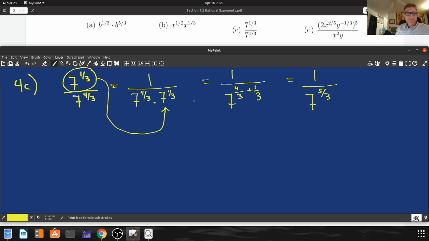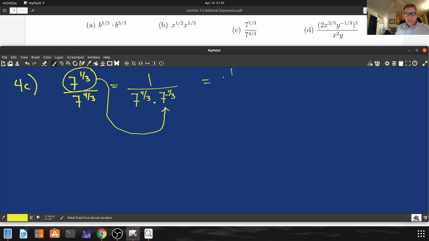Oh, wait. Sorry, I forgot to do something. This big, huge spiel about the price you have to pay when you move a term under the denominator. You get to talking, you forget to pay the price. The price is that it becomes negative. My exponent has to be negative.